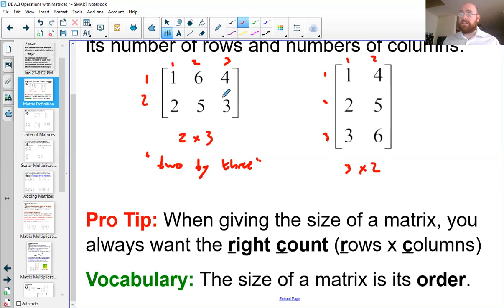The numbers in each of these places are likely to differ, but their overall property, their overall shape, stays the same. And there are a lot of individual properties about matrices that can be inferred from their order, some of which we will get to in this class, some of which would require a college or even graduate school level linear algebra course to delve into.